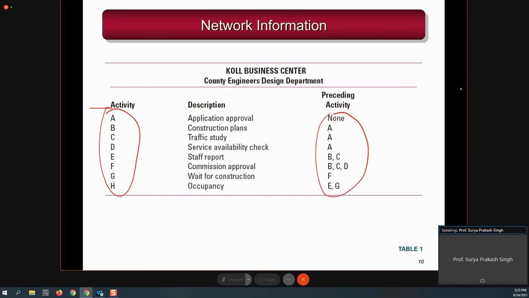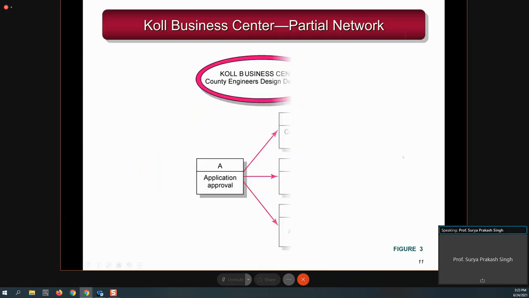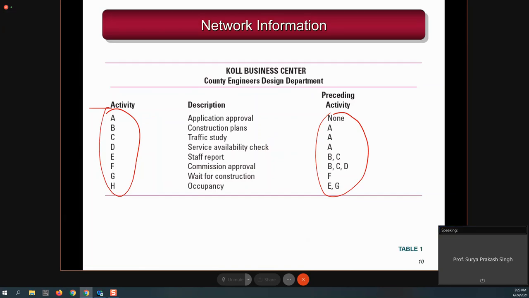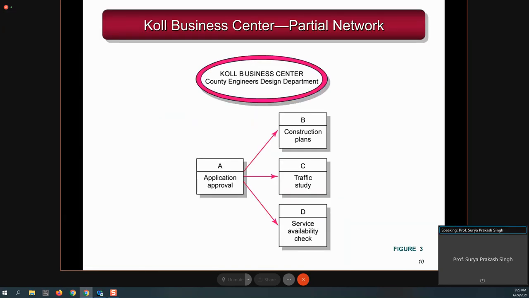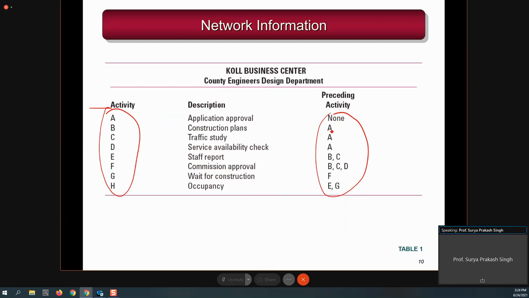Okay, so if there are no more questions, I can go ahead. If I see that A does not have any precedence relation, the meaning of A is application approval. It has no preceding activity. You can start A, but A has some succeeding activities like B, C, and D. If you see the previous table, B can only start once A is over, C can only start once A is over, and D can only start once A is over.